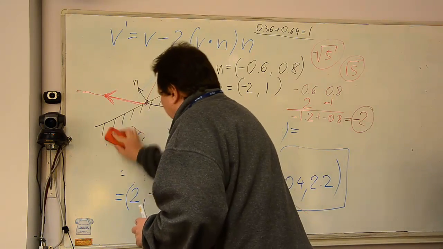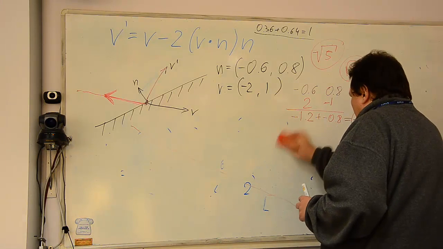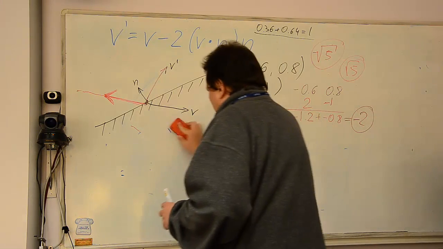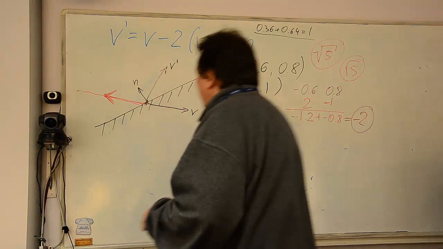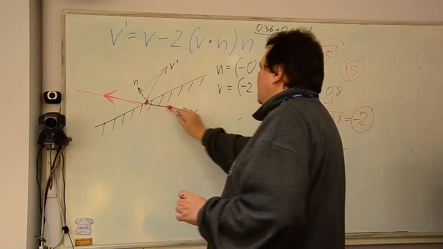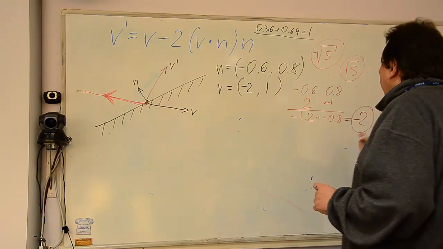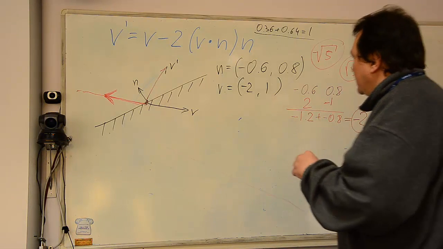I will just present one simple calculation. When we did the previous result, the velocity of the object was going inside this obstacle. So this was the velocity. I made the calculation of the dot product, and the result was -2.